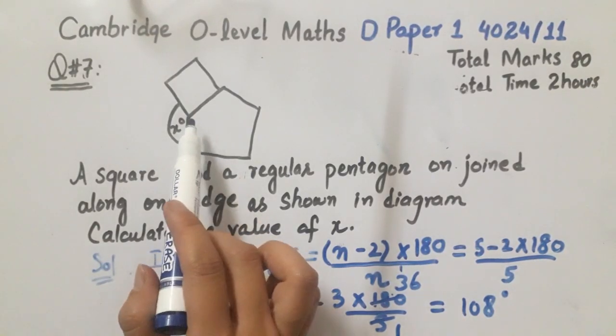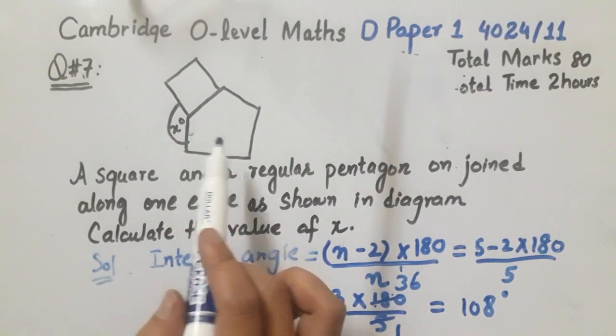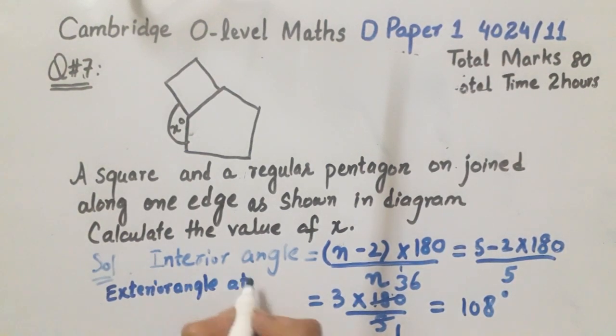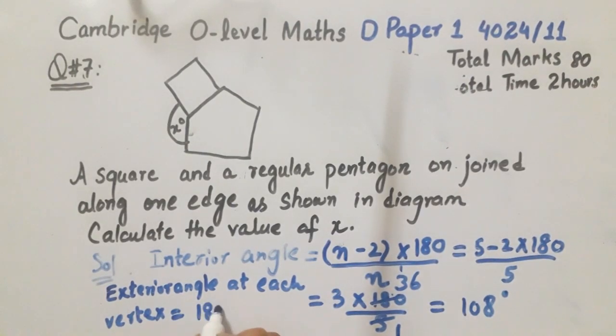Now we know that the pentagon is a regular shape. So the exterior angle at each vertex will be equal to 180 minus 108, which is equal to 72 degrees.